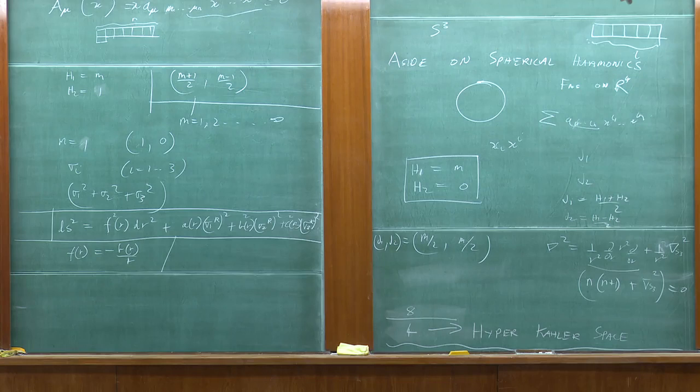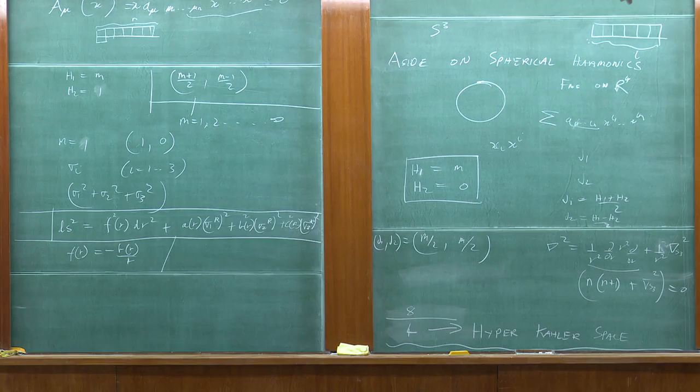Because there is no function on the sphere apart from the constant that is invariant under even one of the two SU2s. There's no scalar function. There are scalar one forms, but they're only a finite number. So the coefficients have to be functions only of r. They cannot be functions of the angles.